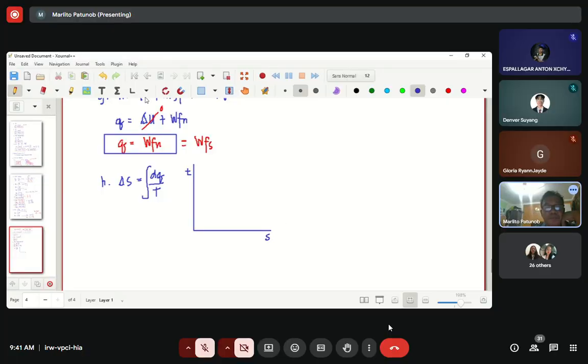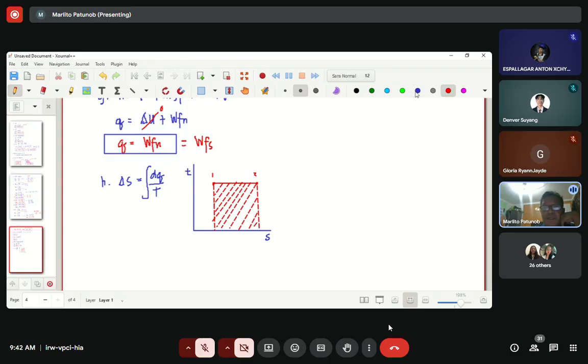And we have here 0.1 and 0.2. And the area. You can skip the integration, no?